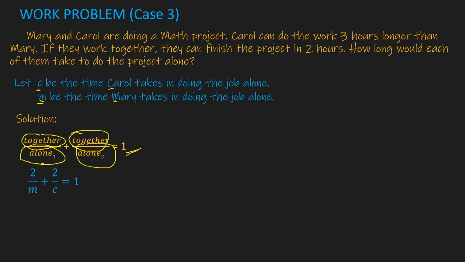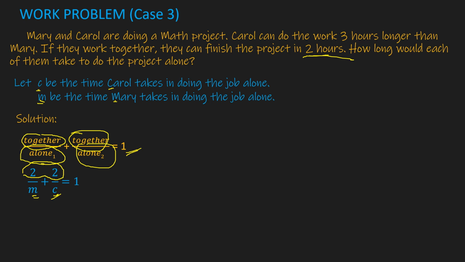And of course, the sum of these two fractions always equals 1. Since in our problem, the time that they need to do the job working together is 2, and the time for Mary and Carol to do the job alone is M for Mary and C for Carol, it equals 1.